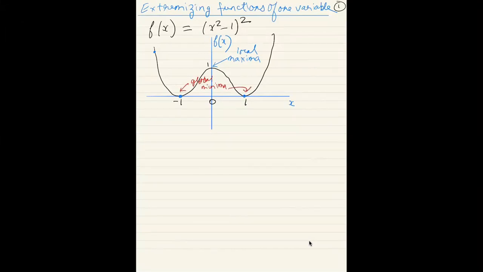So the question we ask today is, how do we figure out for a given function where the local maxima, minima, and a third thing which is called an inflection point are? And the inflection point, we saw it previously. This one does not have an inflection point, but f of x is equal to x cubed, which we plotted in one of the first modules, does have an inflection point, and this is what I mean by an inflection point.